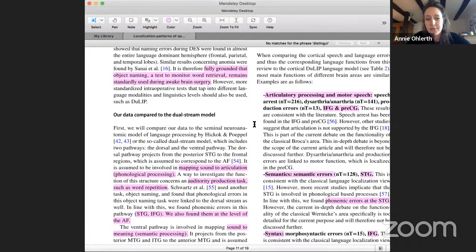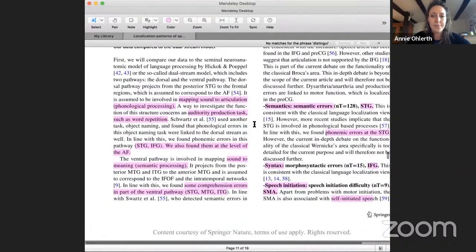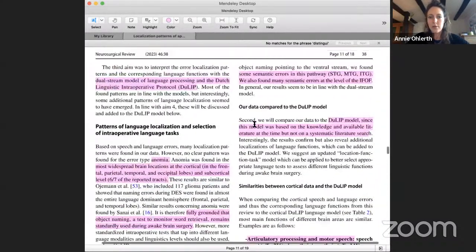Their findings nicely fall in line with that, finding lots of phonemic errors on the endpoint of the AF. And in parallel, the ventral pathway supposedly takes us from sound to meaning, so semantic processing. They found lots of semantic errors, as I pointed out before, and comprehension errors. For me, that's a bit too broad of a category, but they allocate them as well to the STG, MTG, ITG. So overall, they conclude that it is in line with the dual stream model.